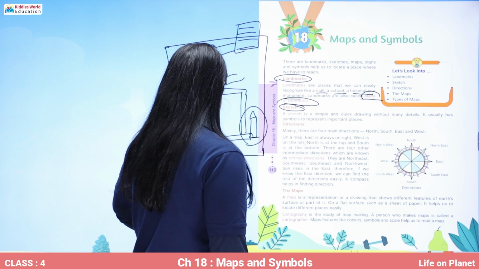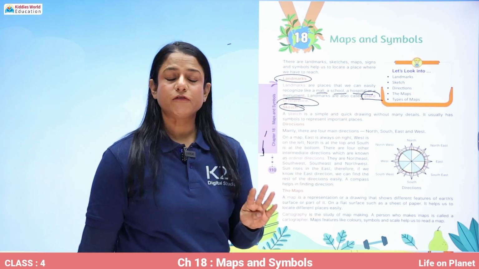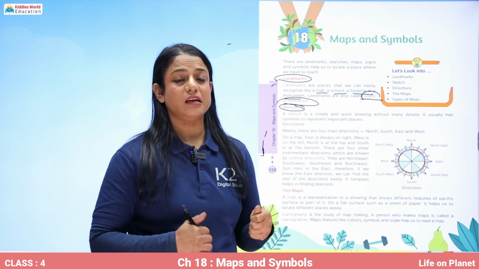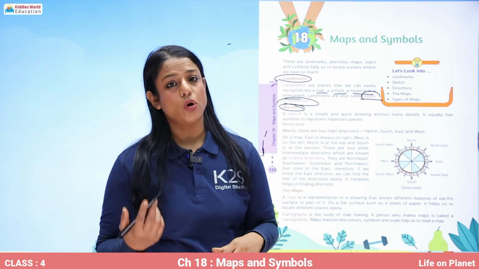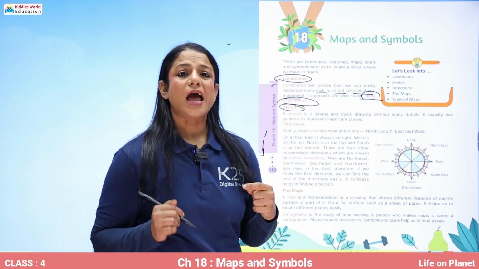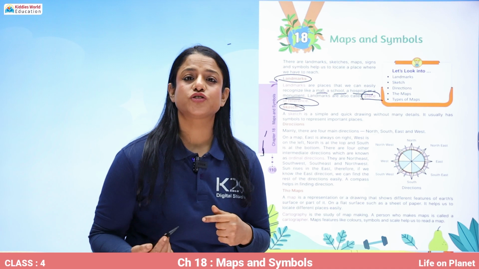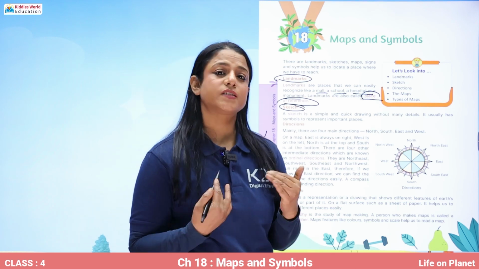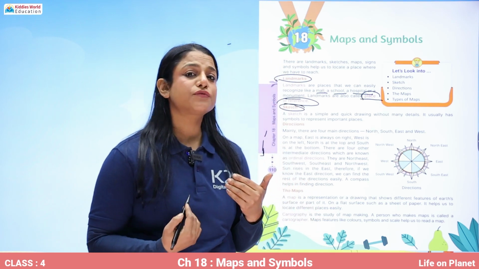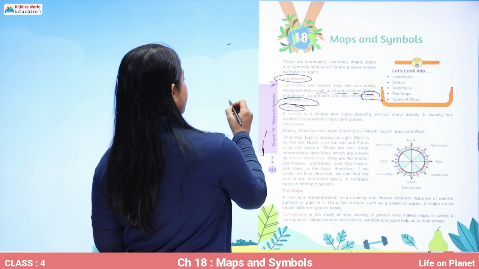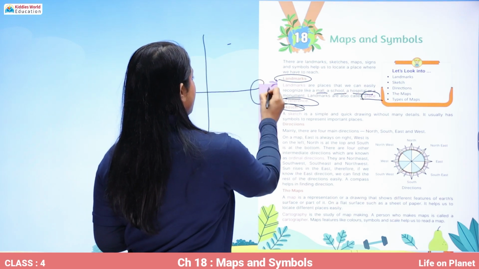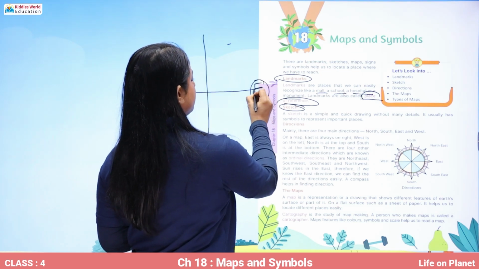Now comes the directions. So mainly there are 4 directions, which are east, west, north, and south. And we recognize the direction by the rising of the sun. The sun rises from the east, and this is our east direction.